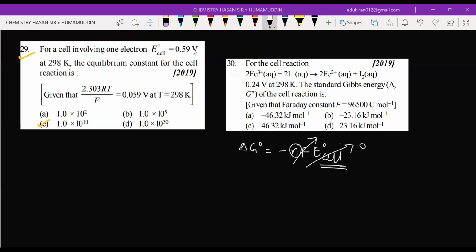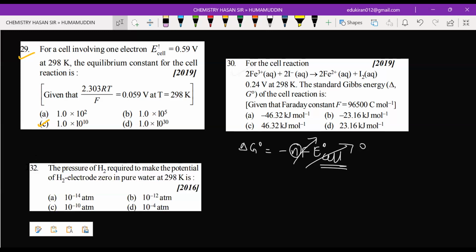Let me know if you have got the answer. Any answer for question number 30?